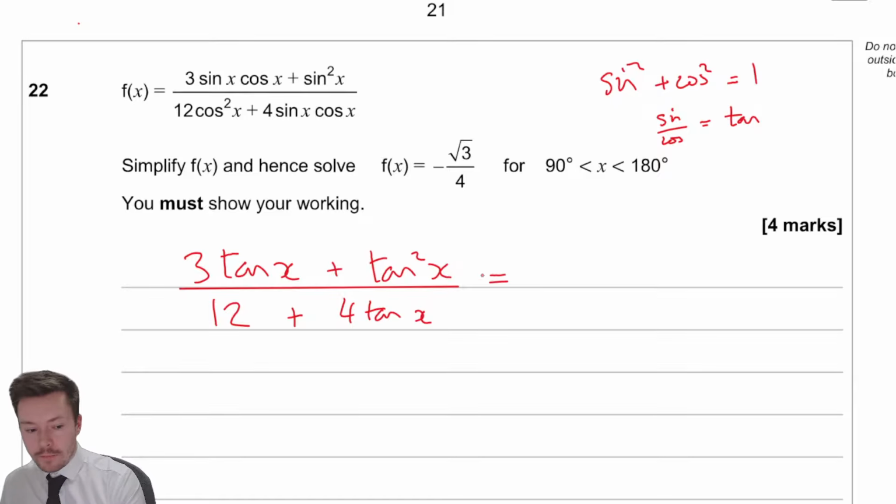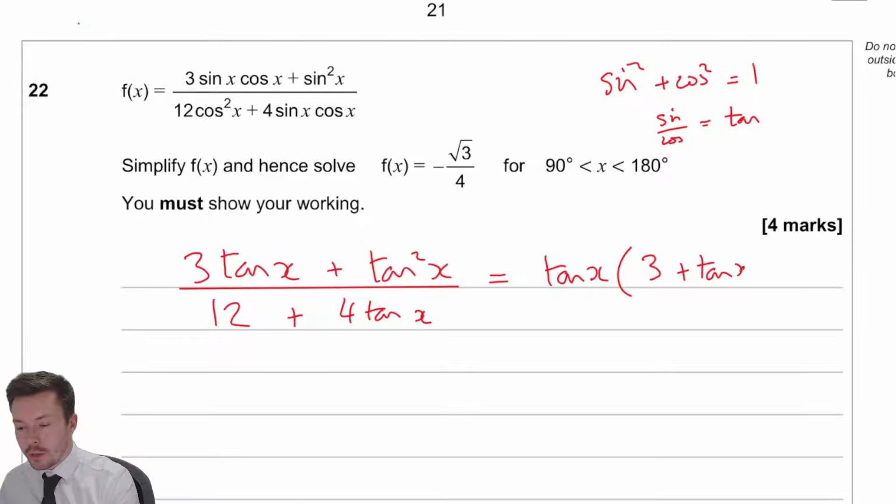Now from there, what we can do is cancel by factorising. If we do tan x out of the top, we are going to get 3 plus tan x.